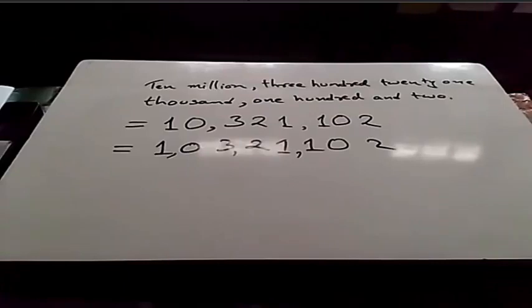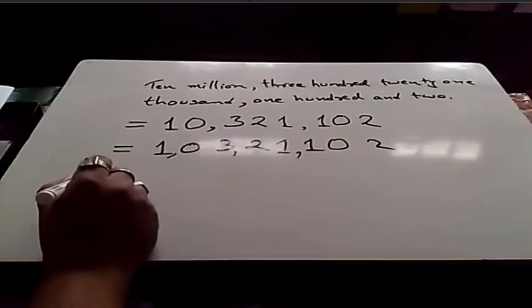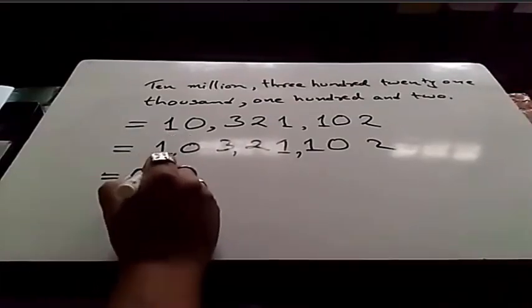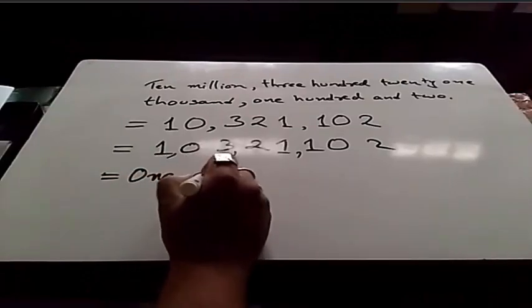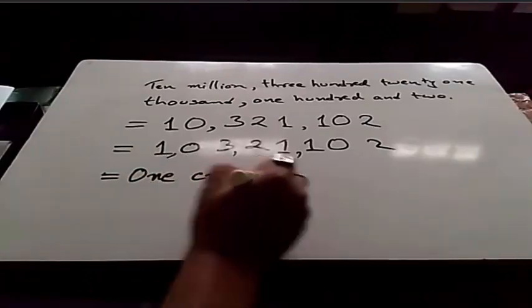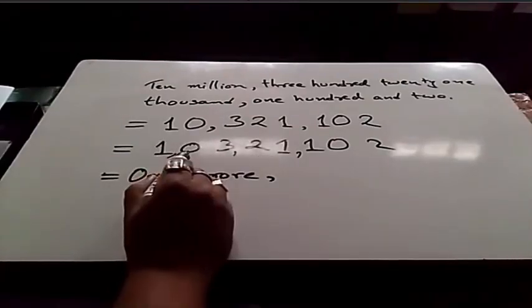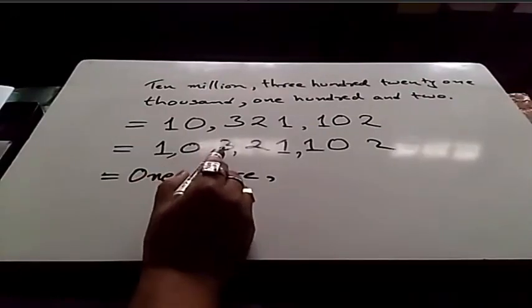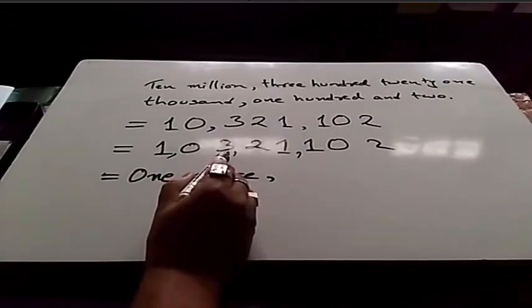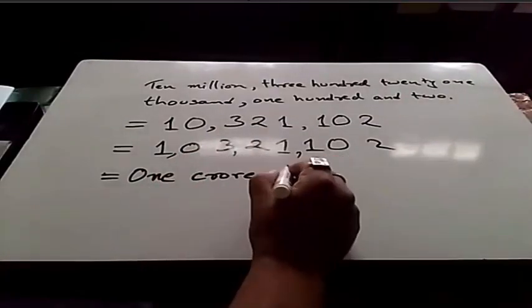So, in words, this will be read as 1 crore. The 10 lakhs period is blank, that is 0. So this period will only be read as 3 lakhs.